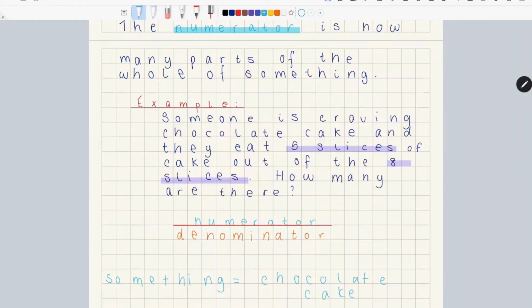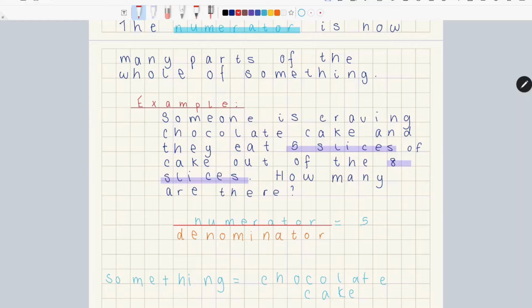So, how many slices did this person eat? They ate 5 slices, right? So, that would be your numerator.